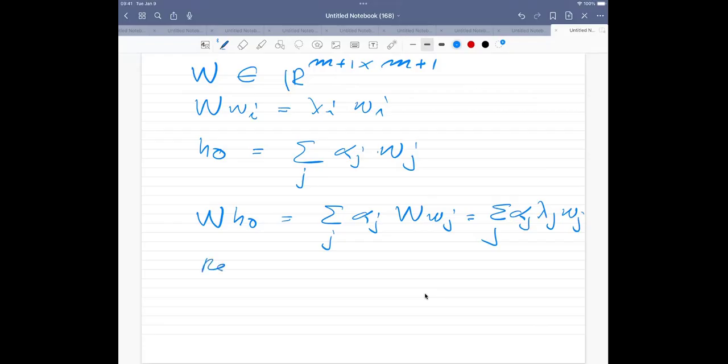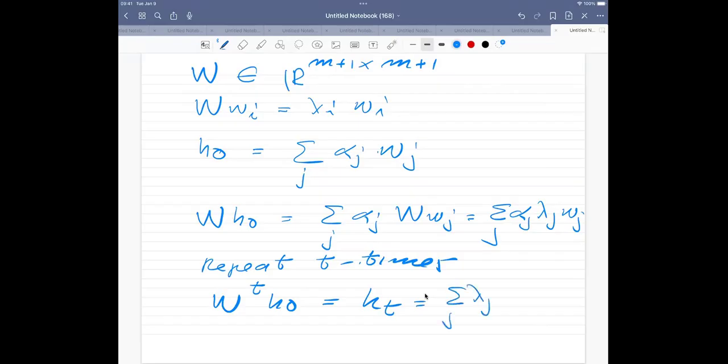Suppose I repeat it t times, then I will have W acting t times on this H0. That is going to be what I call H of t, the final one. And that will simply be given by the sum of lambda j to the power of t times alpha j times Wj.